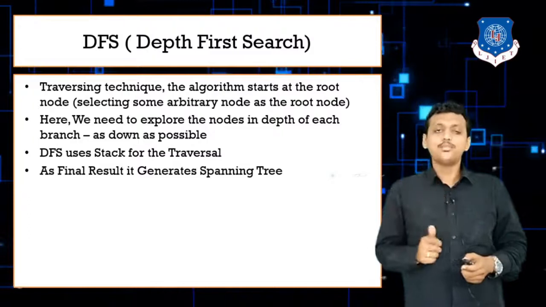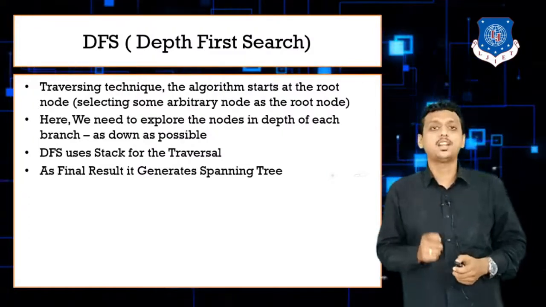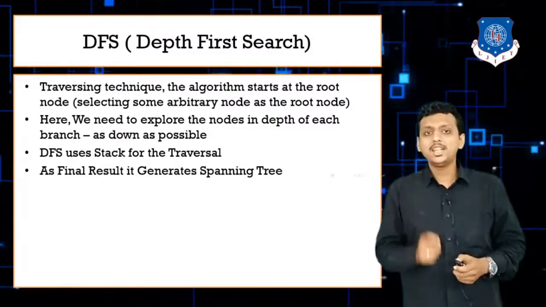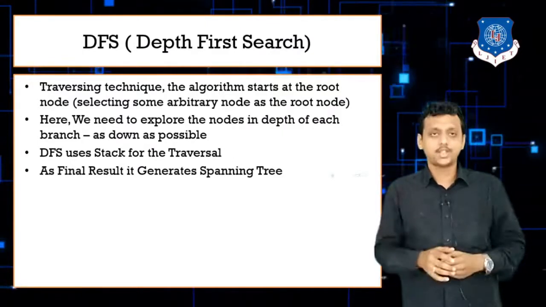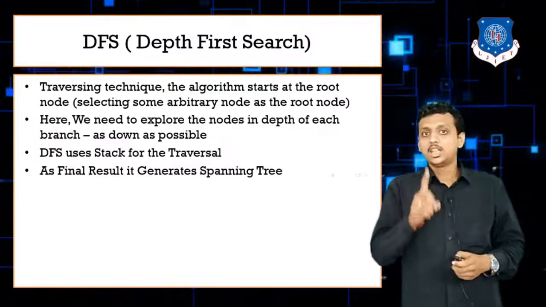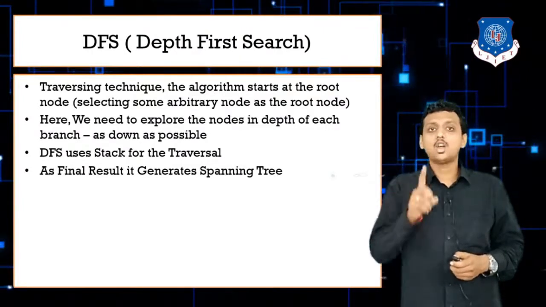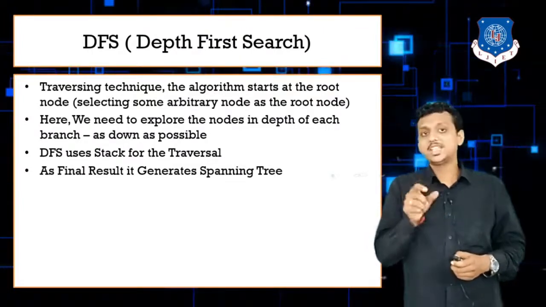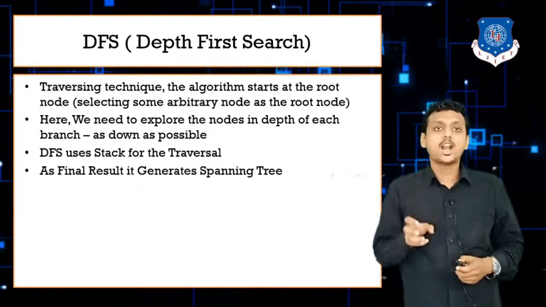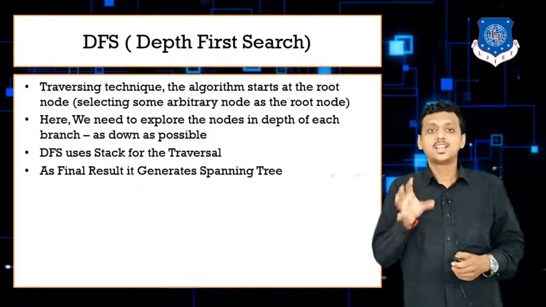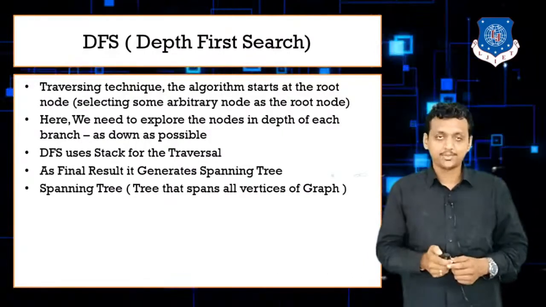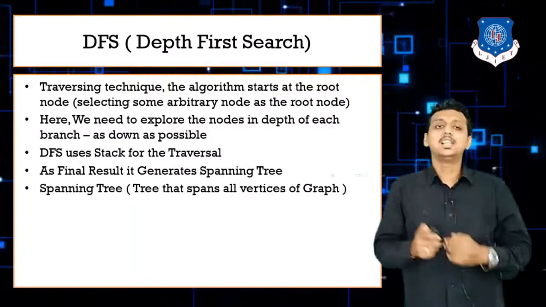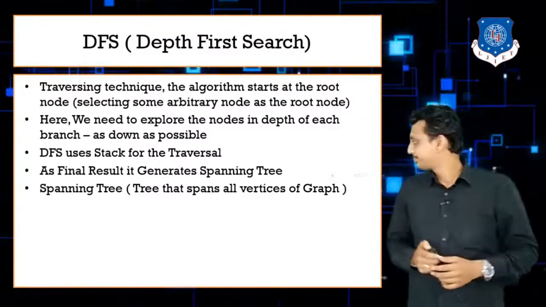This is a new term for you: what do we mean by spanning tree? Students, a spanning tree is a tree that spans all the nodes of a graph. It is the answer of DFS and can be generated from the graph. It is a tree, not a graph. That's why we say it spans all the vertices of the graph. We will talk about the spanning tree later in the lecture.